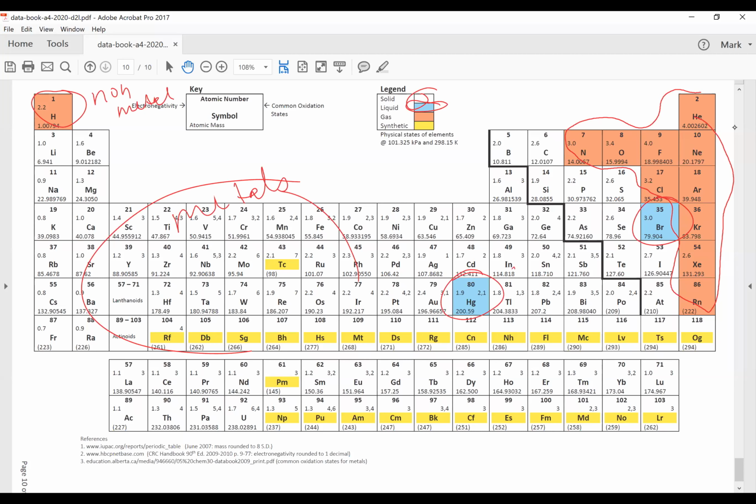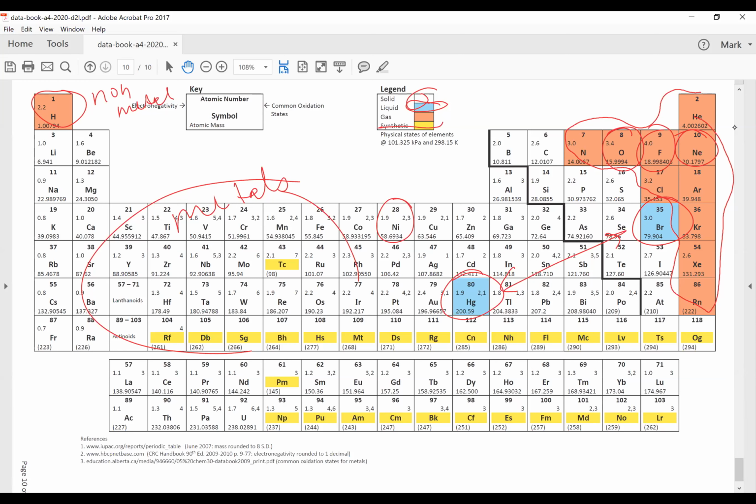Very cool, both of these chemicals are extremely dangerous. So guys, if I ever ask you if an element is a solid, if it's white, it's a solid. If I ask you if it's a gas, if it's pink or orange or whatever this color is, it's a gas. And that's basically it.